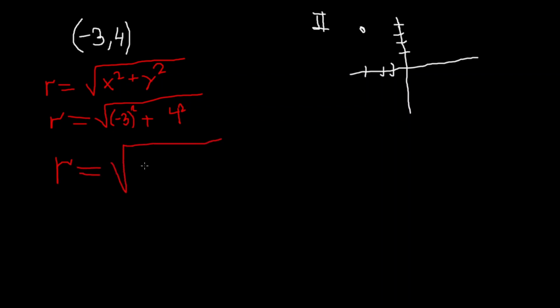So this is also the square root of 9 plus 16. 9 plus 16 is 25, so the square root of 25 is 5. We know our R equals 5.